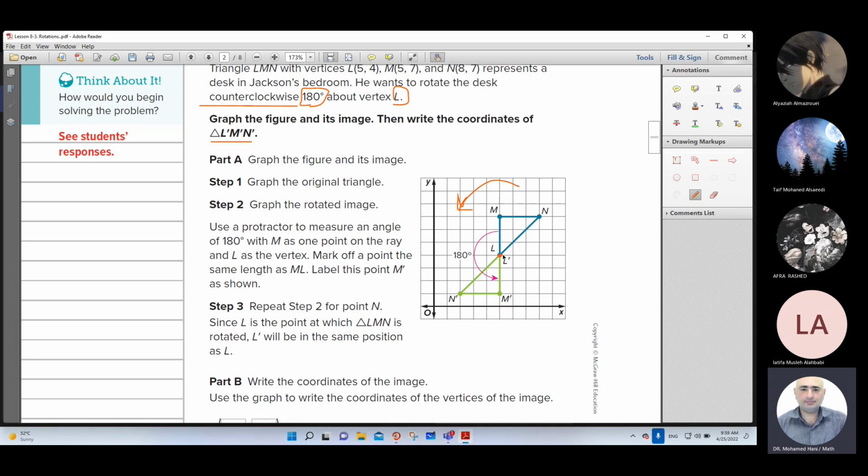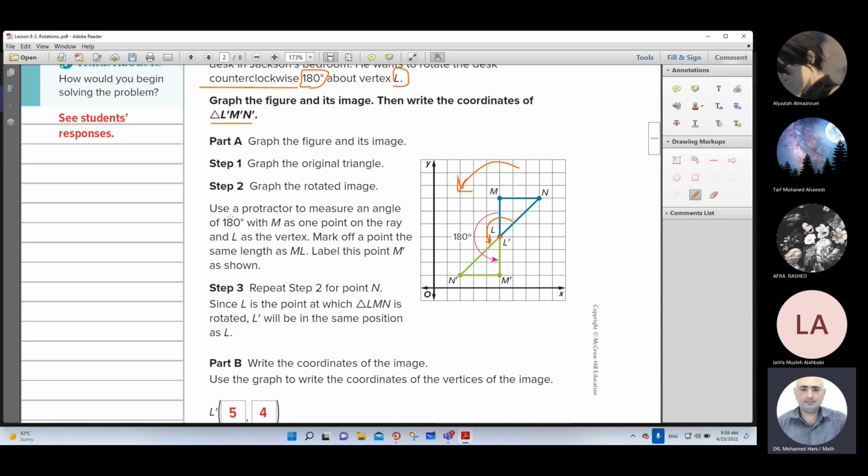Then you can do the same idea with LN. You will get L prime, N prime. Then you can match between them, or you can do the same idea with MN. You will get here parallel lines. So you will get here the image, triangle L prime, M prime, N prime.